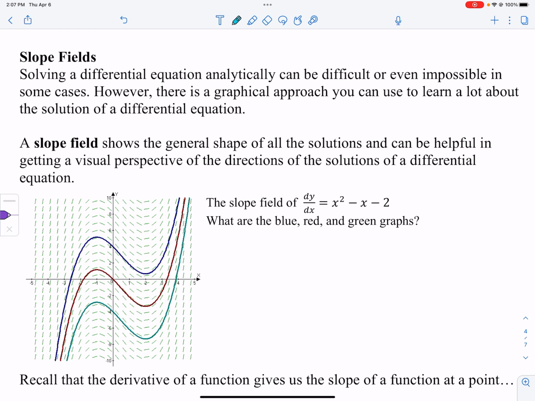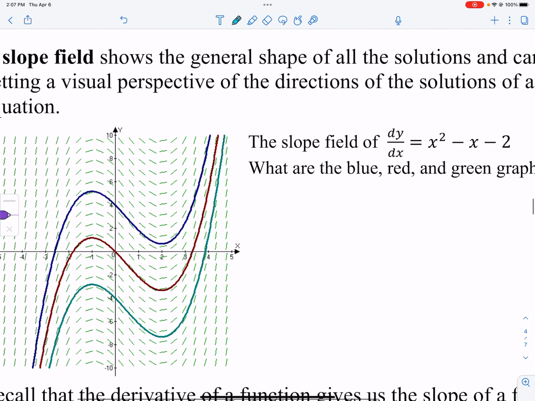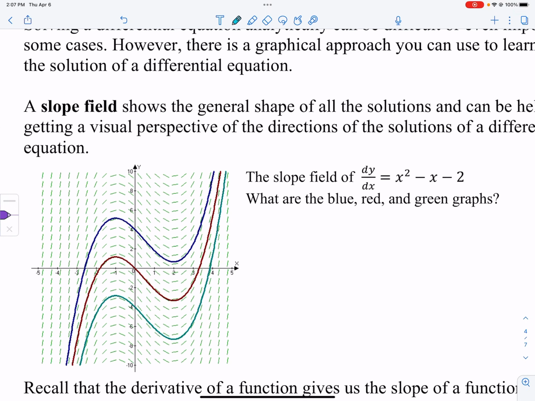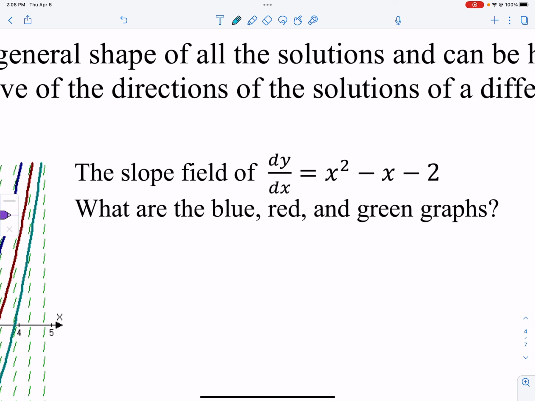So I've given you an example here. Now, the little green line segments, those are the actual slope field. The blue curve, the red curve, and the green curve are actually particular solutions to this differential equation. And this is a differential equation that you guys know how to solve, right?